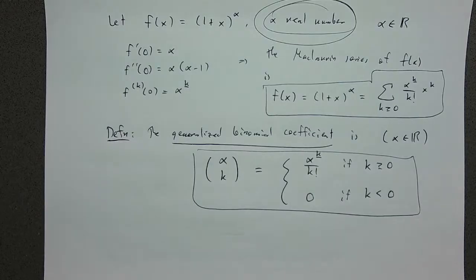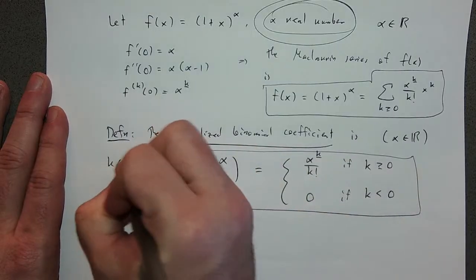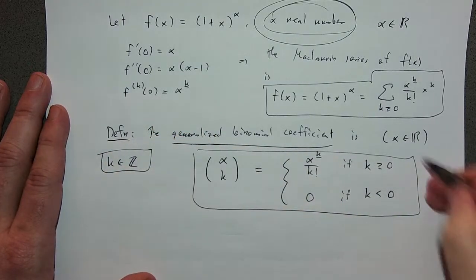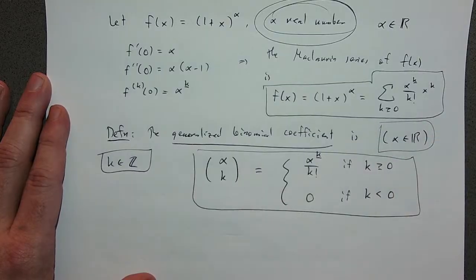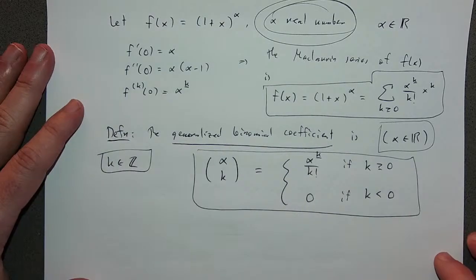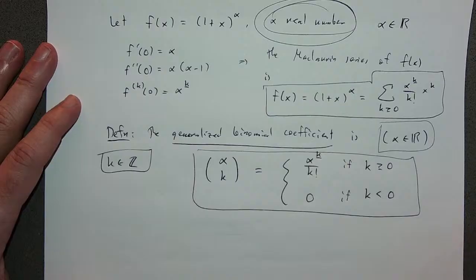So here k is just an integer. Alpha is a real number. We can define the generalized binomial coefficient in this manner, which, if we believe in convergence of these things, we have the following theorem.